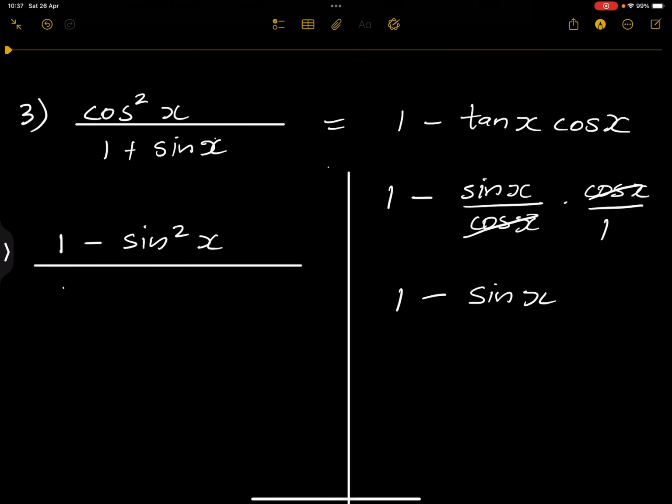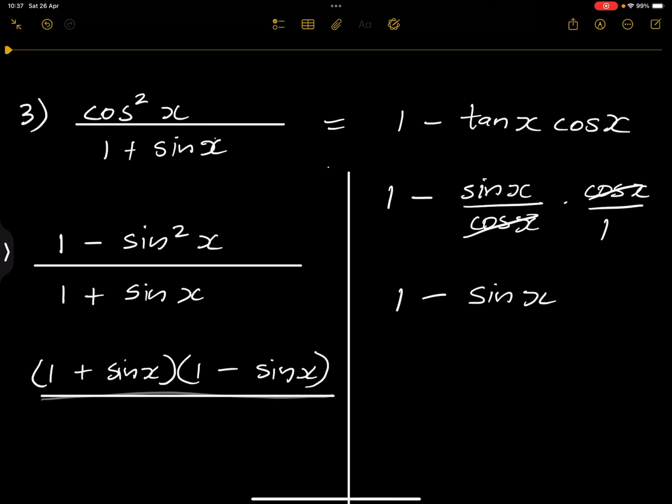So this would give us, divided by 1 plus the sine of x. If you watched the previous video, you'd remember what I said about what we have at the top. This is the difference of squares. So we can factorize that part as 1 plus sine of x and 1 minus sine of x, divided by 1 plus sine of x.